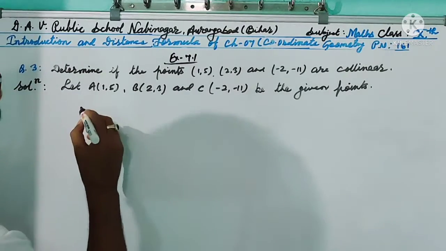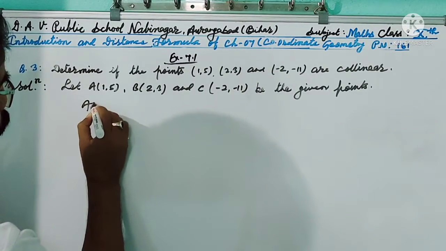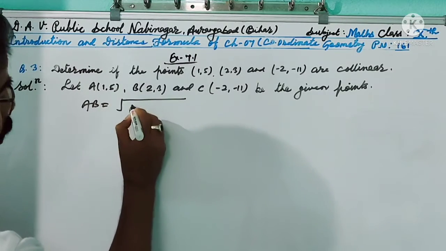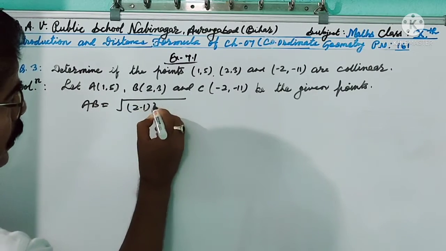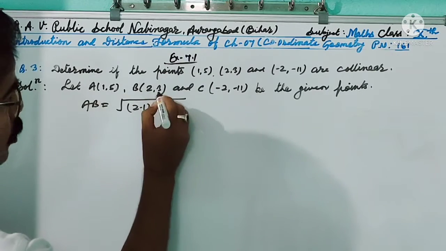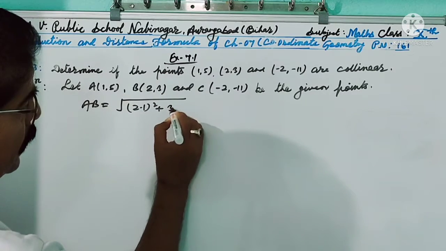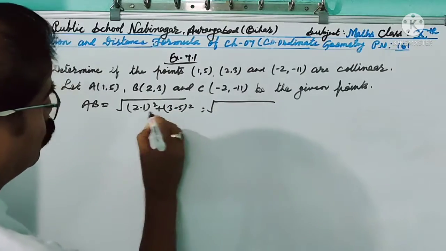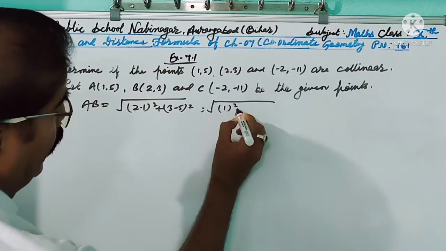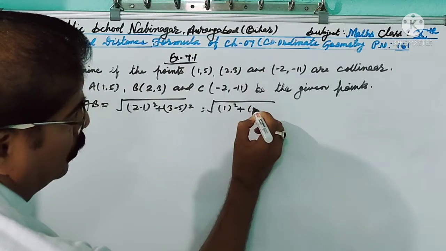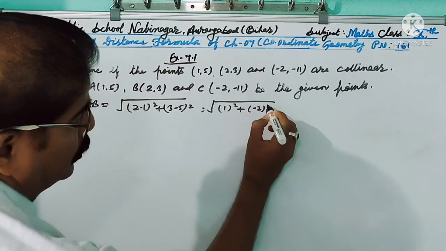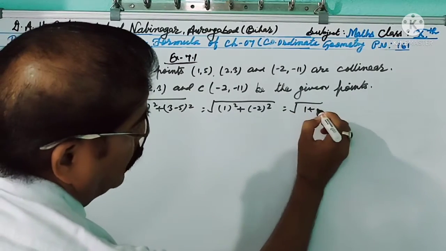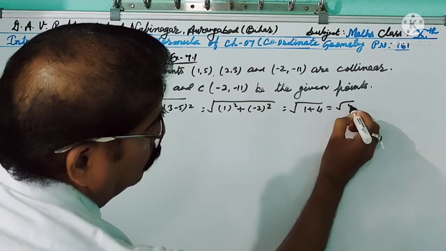So by distance formula, AB equals the square root of (2 minus 1) square plus (3 minus 5) square, which is 1 square plus (-2) square, that is 1 plus 4, equal to 5.